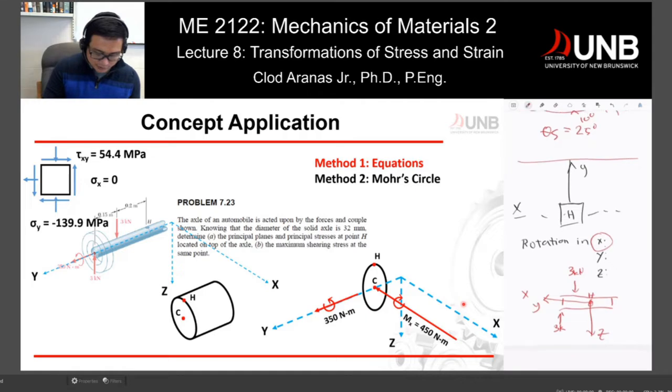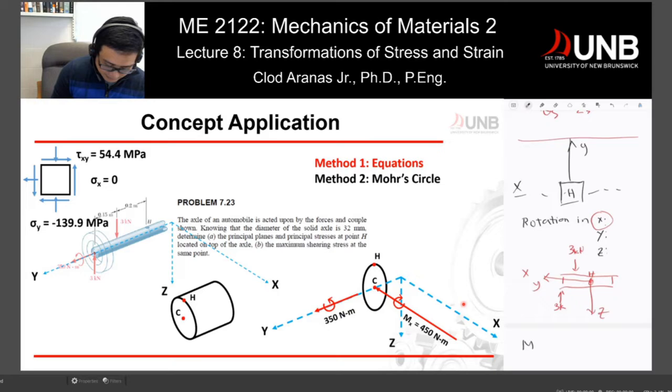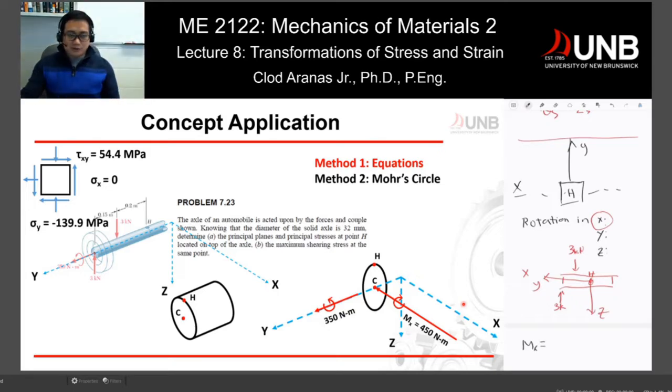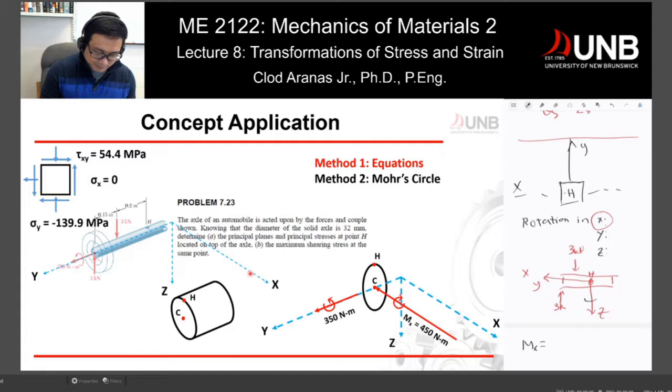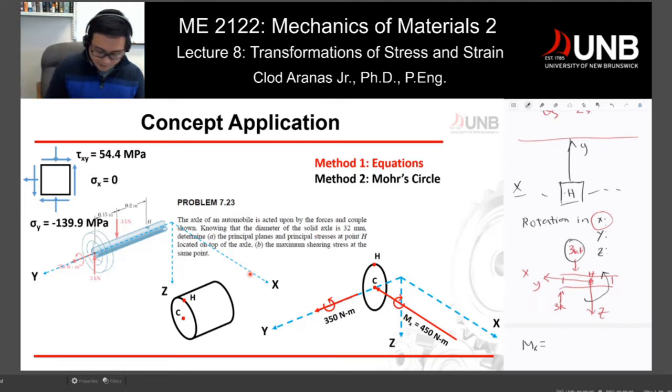And what would be that rotation? If I'm going to calculate my rotation, my M sub x is equal to, for this 3 kilonewton here, looking from X, it's producing a counterclockwise rotation, which means I get a positive value: 3 kilonewtons times its distance, 0.2.